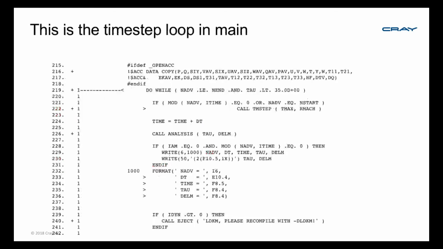Okay, so we go to the main routine, and I put in a data copy, and I copy all those arrays. Now, this will also do a copy out of all those arrays after the do while.